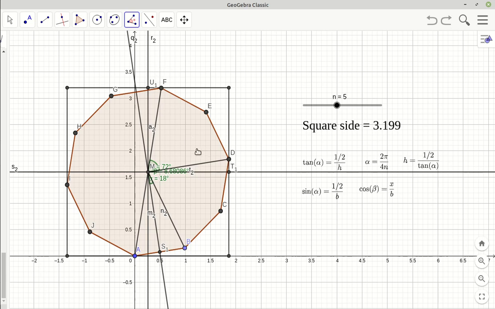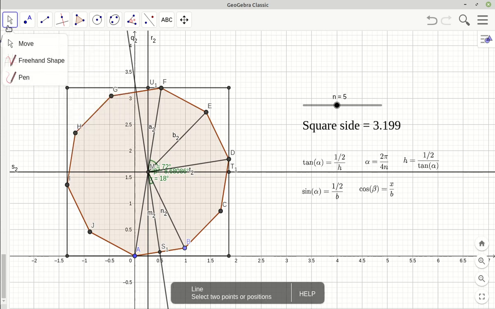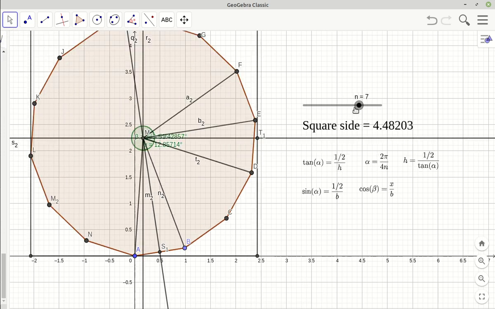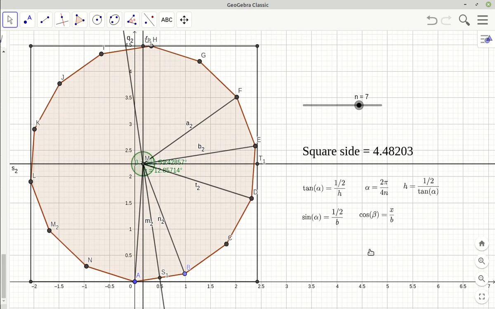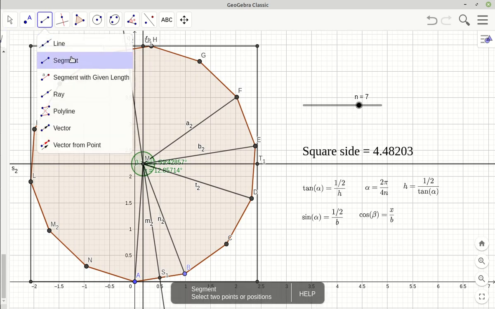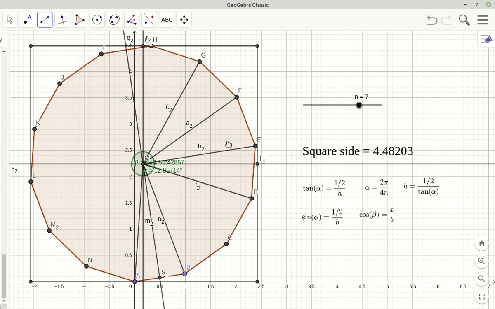So how much is DMF? We see that this DMF itself is a few times this top angle of the isosceles triangle that we already saw. The question is how many times? Right now n is 5, and we need 2 of these isosceles triangles. If we change this 5 to, let's say, 7, then we see that in this case we have 1, 2, 3 of these here.